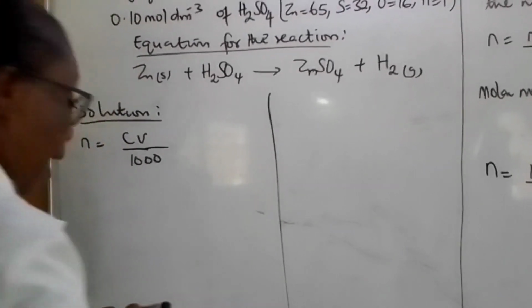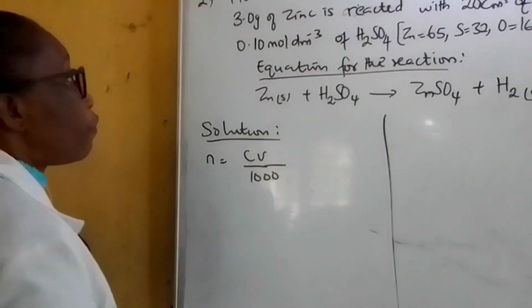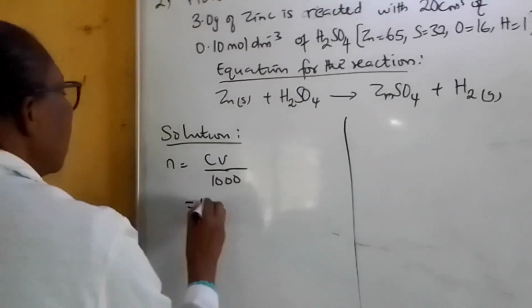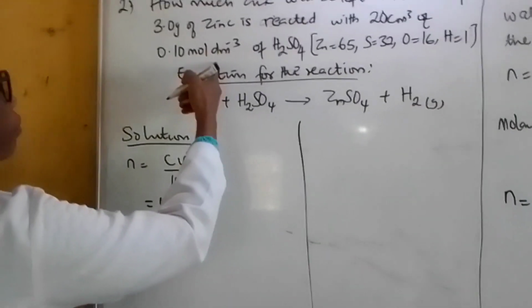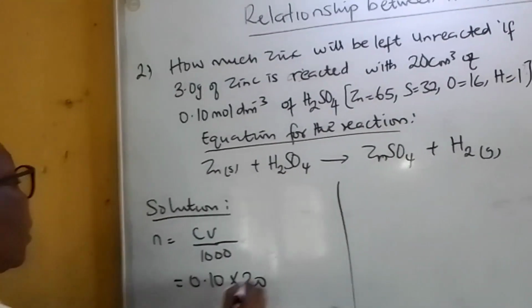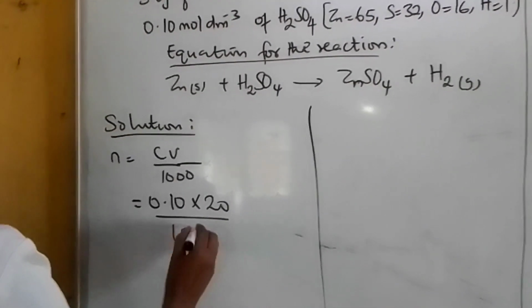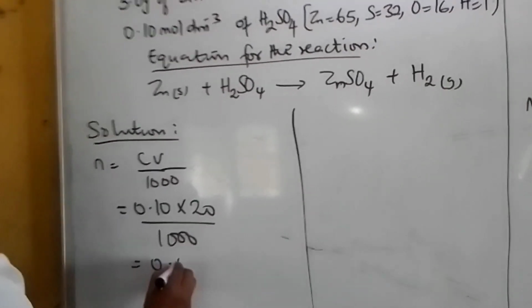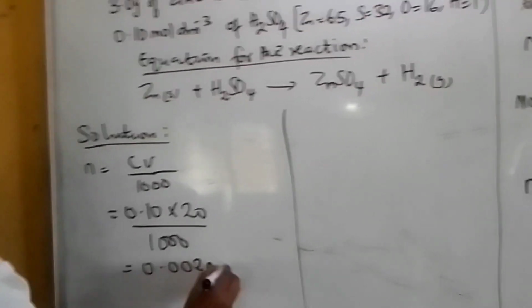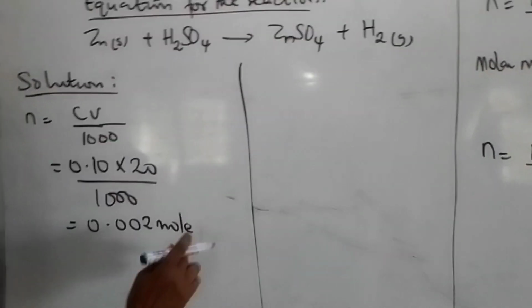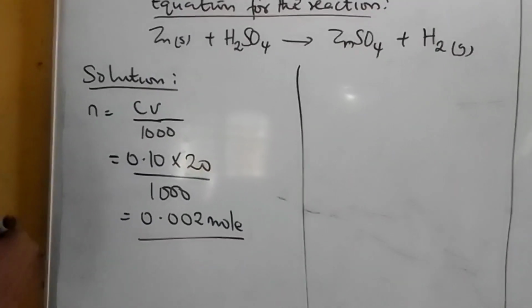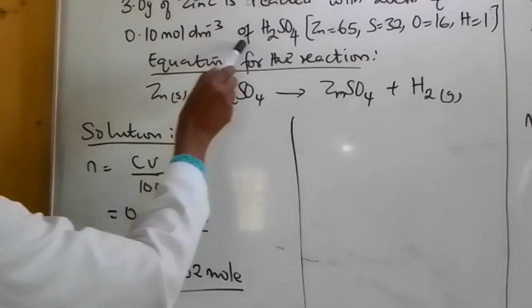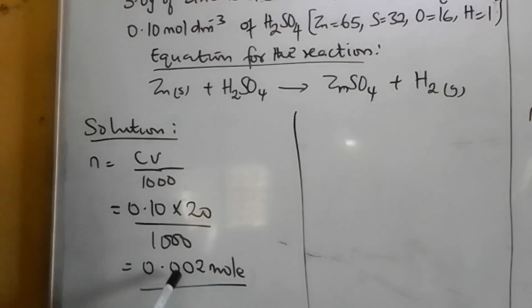We are talking about n, the number of moles of tetraoxosulfate 6 acid, and that is equal to, what is the concentration? 0.10 is the concentration of the acid. The volume is 20, all divided by 1000. And that will give us 0.002 moles. So in 20 cm cube of 0.10 mole per dm cube of this acid, we have 0.002 mole of the acid.